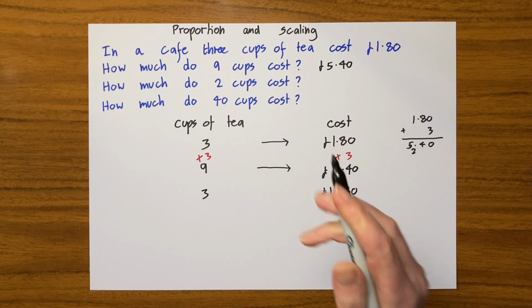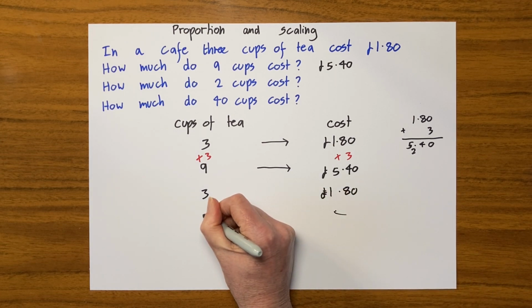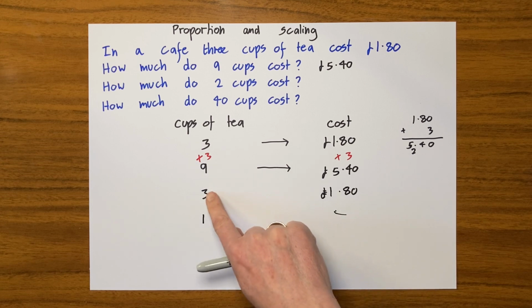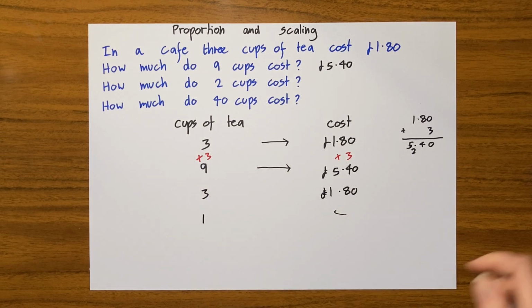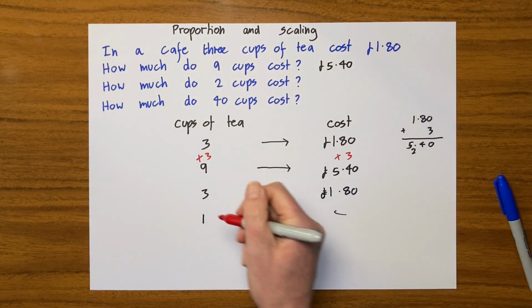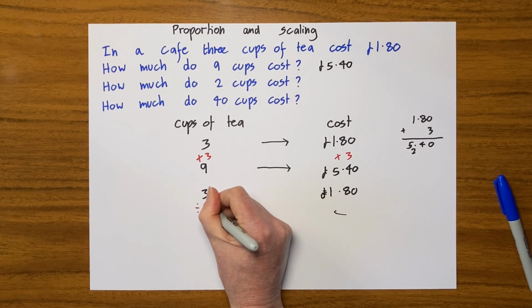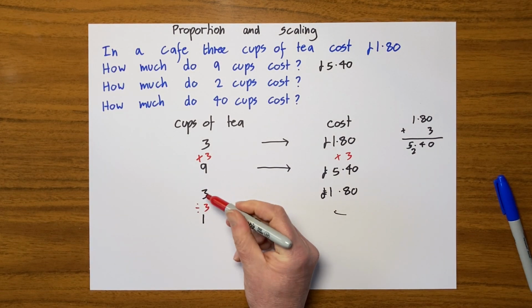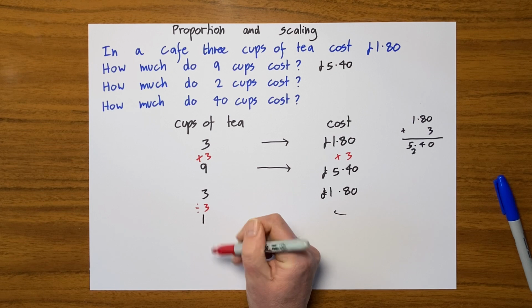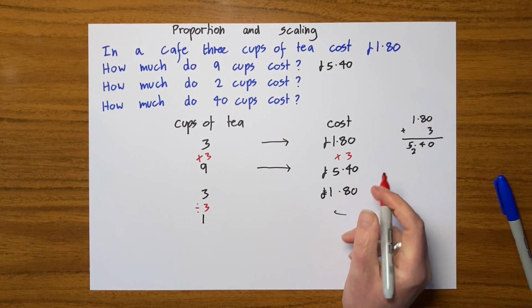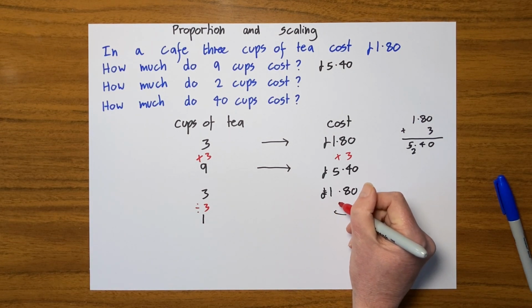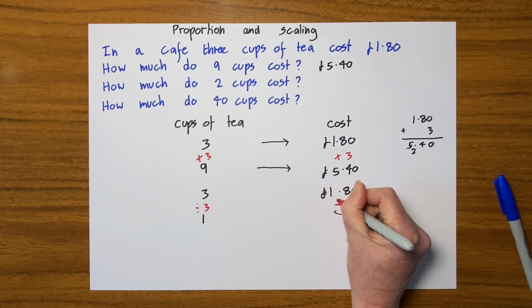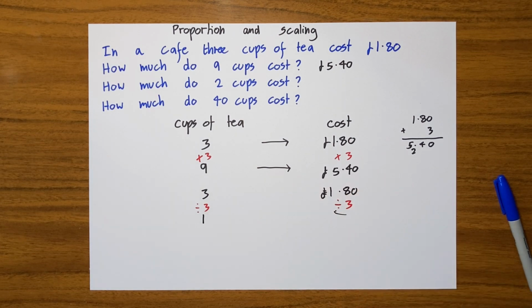What I want to do now is work out what 1 cup costs. So how am I going to get from 3 to 1? Well, I'm going to need to divide by 3. 3 divided by 3 is 1. So you get it, I've got to do the same on this side. So £1.80 divided by 3.